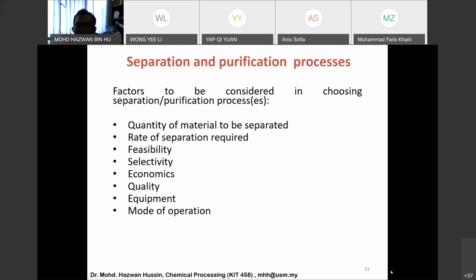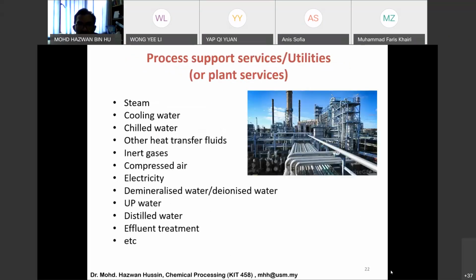Of course, for the equipment for separation and purification, there are factors that can be considered. You have to look at the quantity of material to be separated, rate of separation required, feasibility, selectivity, economic factors, whether it's cheap or not, quality, equipment, and also mode of operation.